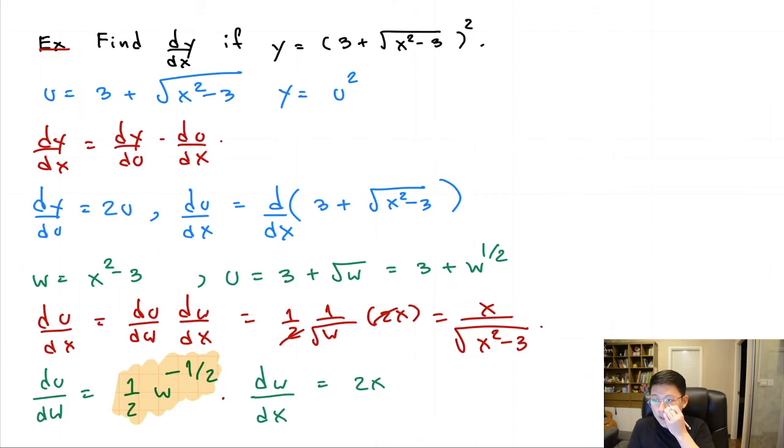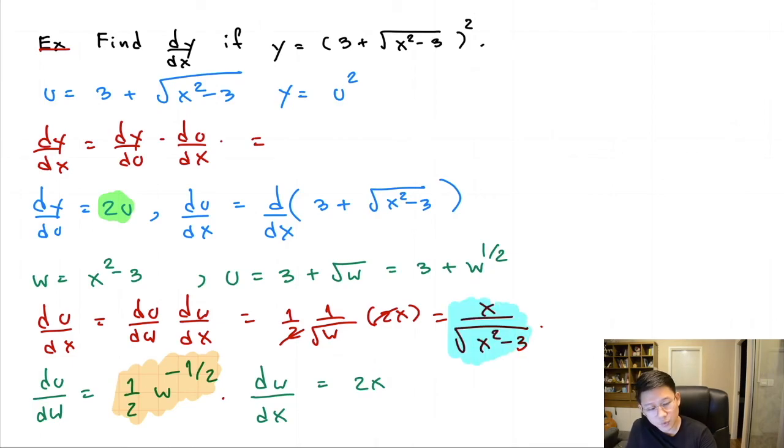So to find dy by dx, it is dy by du, which is this guy, right? And du by dx, which is this guy.